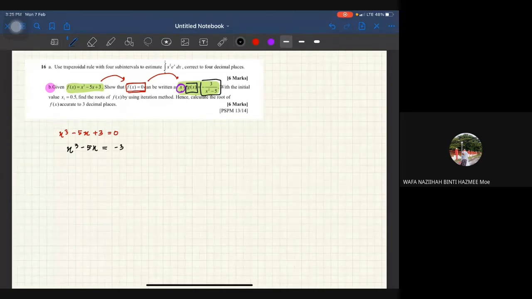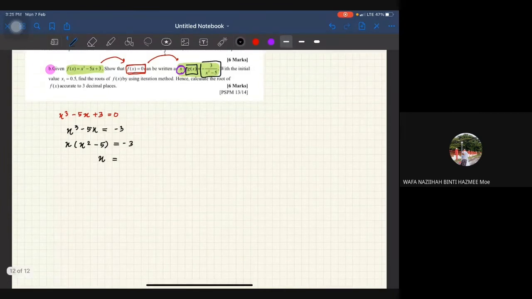Settle. Right, so sekarang kita nak jadikan x as our subject. So kita factor out x from each term that we have in the left hand side. So you have x times (x squared minus 5) equal to -3. Nak tinggalkan x sahaja, so bracket akan pergi ke bawah kanan.